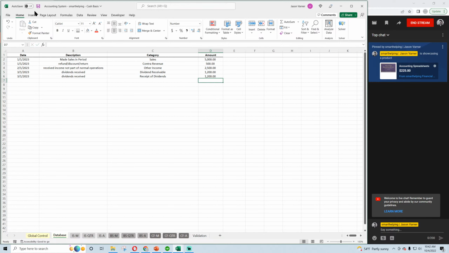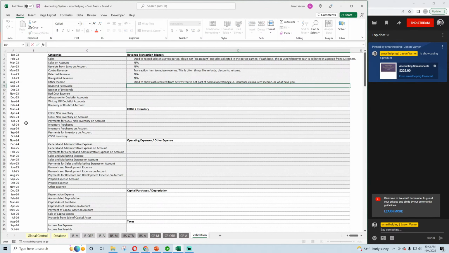I'm prioritizing the accrual basis here. So on the cash basis, you can still account for this separately if you don't want to put it into other income, but you just have to enter both the entries in the same period whenever you do receive that.